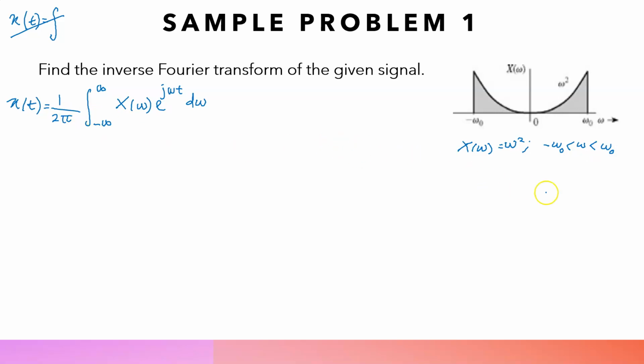So we can replace the equation and the limit in this inverse Fourier transform equation. So we will have x of t equals 1 over 2 pi integration from minus omega naught to omega naught, X(omega) is omega square, e^(j omega t) d omega.